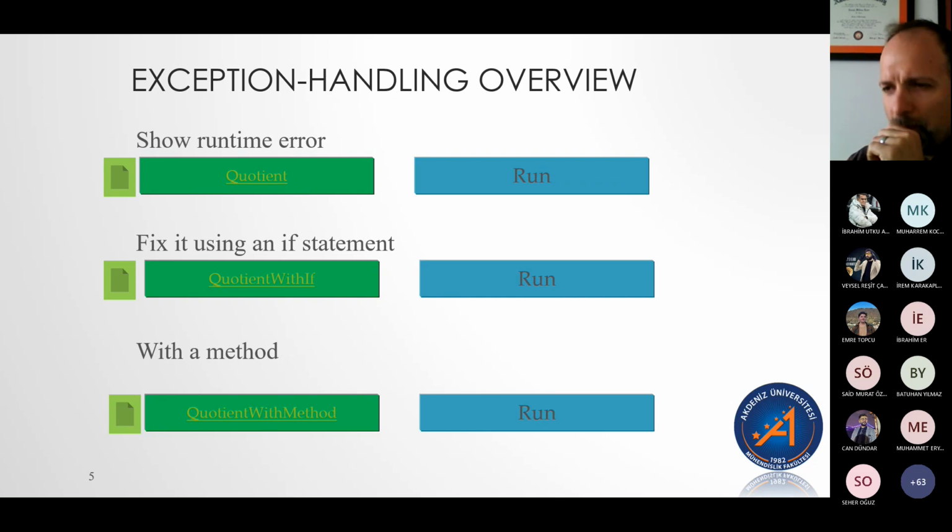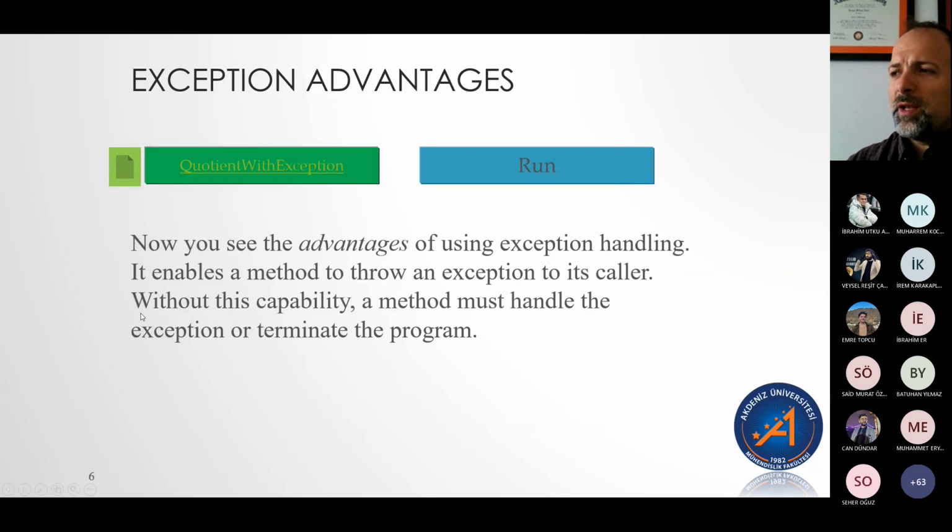So we have a couple of different ways to handle the situation if an invalid value is entered. We can have an if statement to check if it's invalid. We can have a method about it being invalid, but we can also generate an exception that tells the calling program, I was not able to complete.